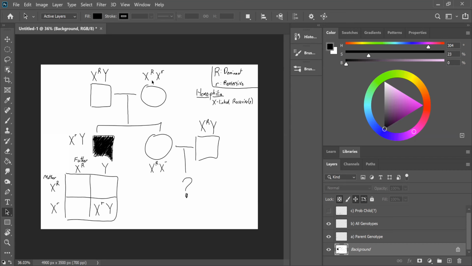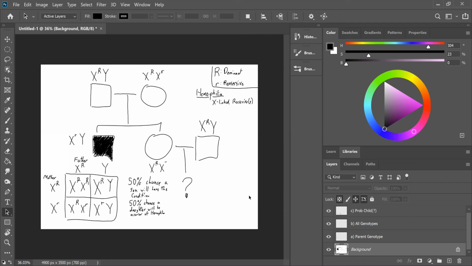There's a 50% chance she inherited the big R and a 50% chance for the little r, so there's a 50% chance that she is a carrier for hemophilia. That's why I wrote a dash here, because given this pedigree and this limited amount of information, it's impossible to determine her actual genotype with 100% certainty.